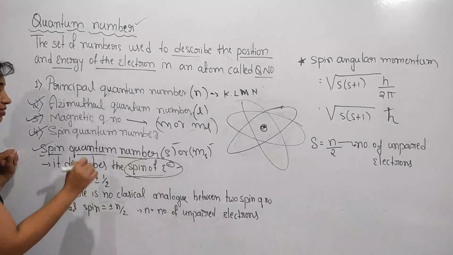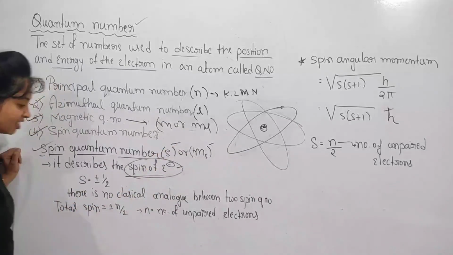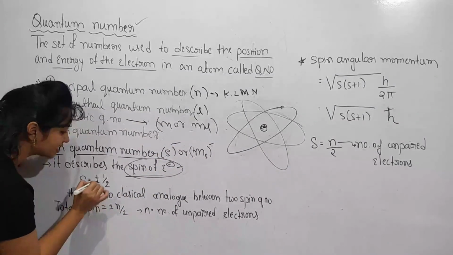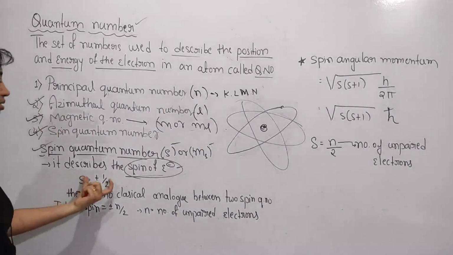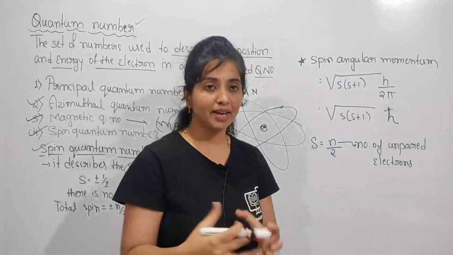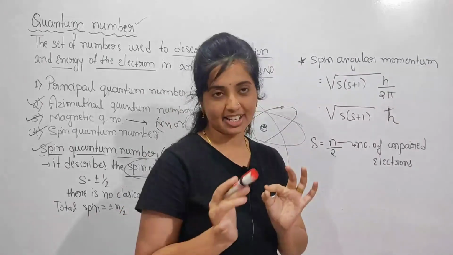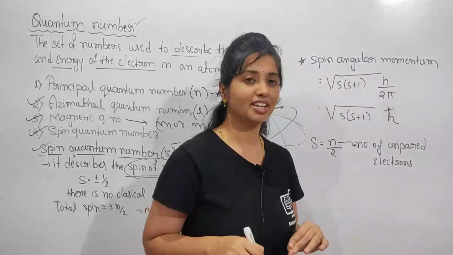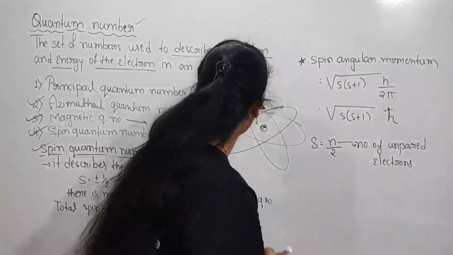And the value of the spin quantum number is plus or minus half. The electron may spin in the clockwise direction, or it may spin in an anti-clockwise direction.